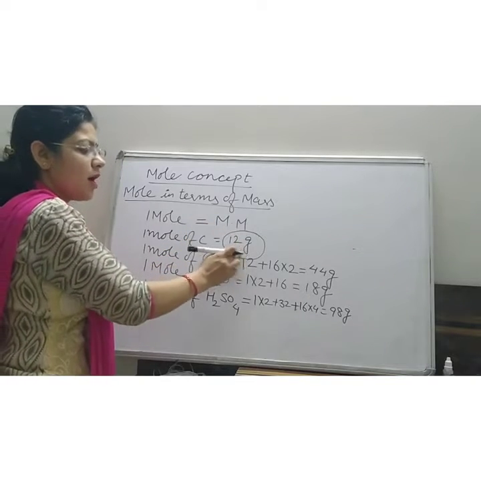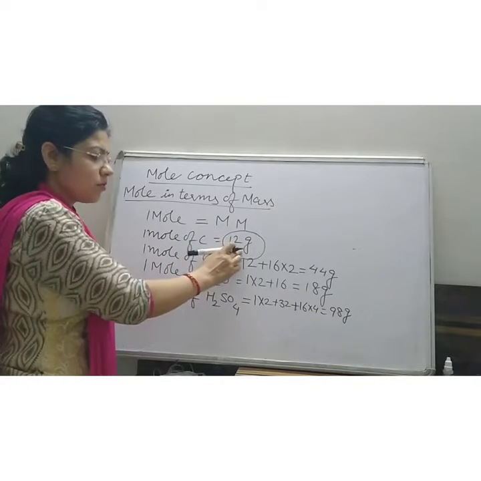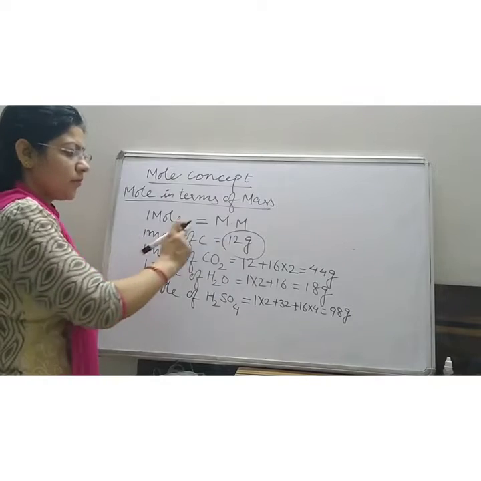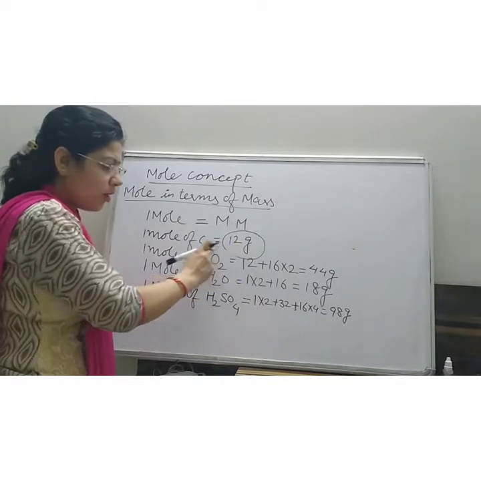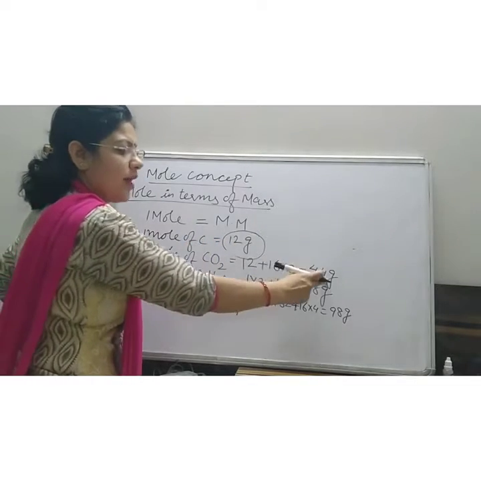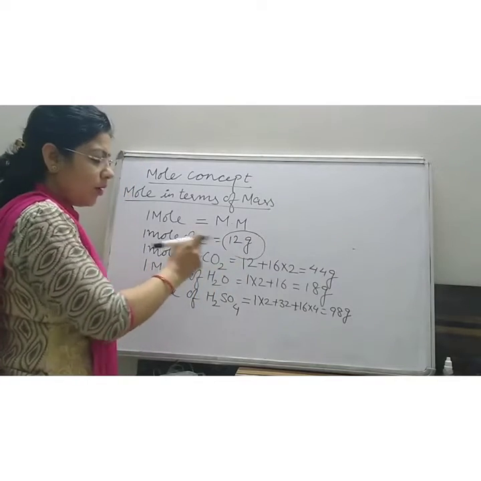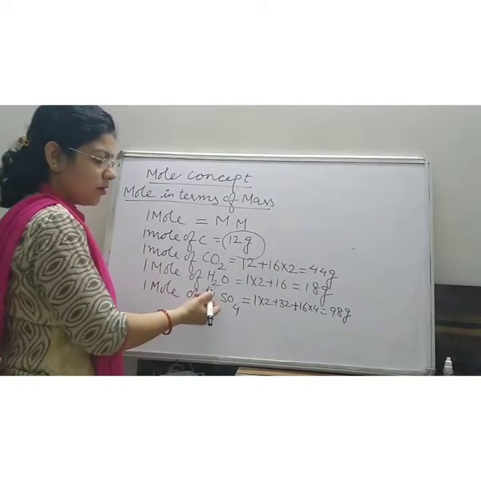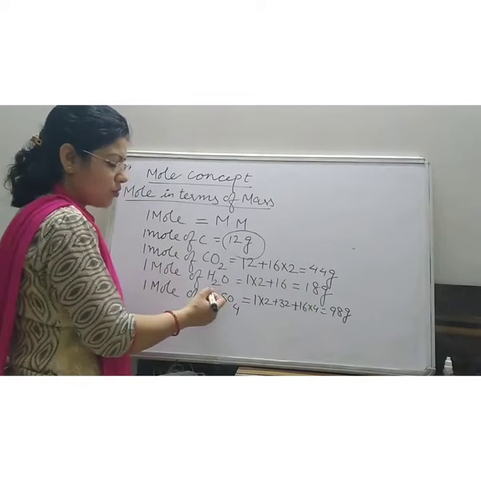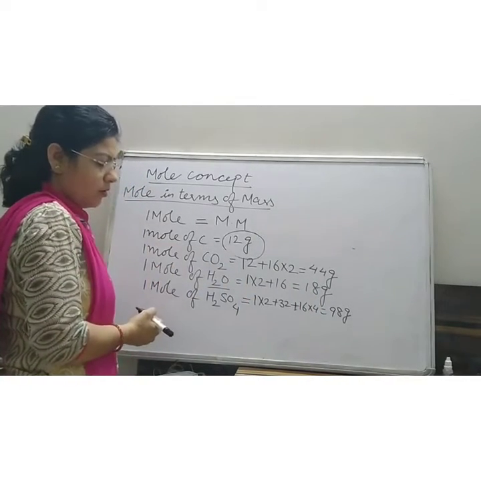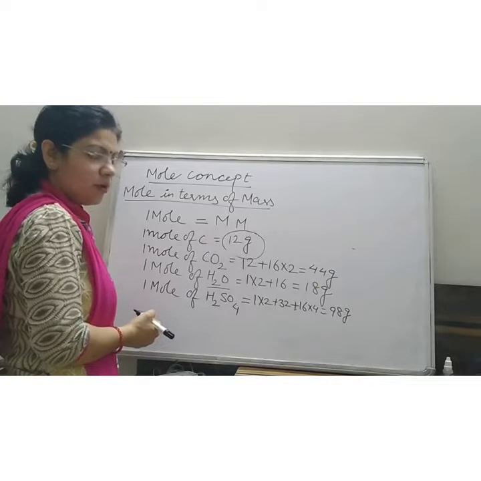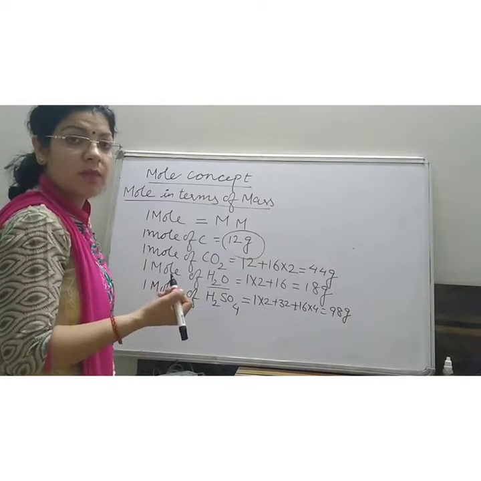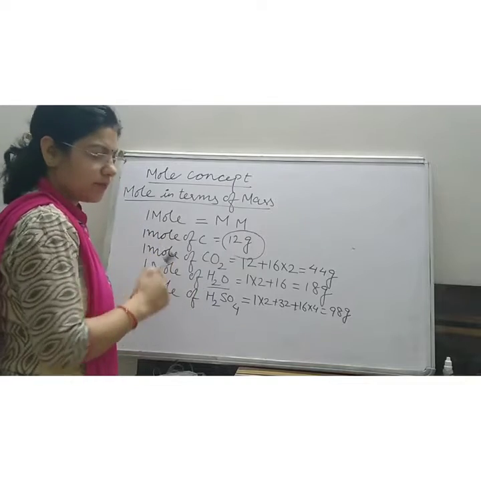Therefore, this mass is known as its molar mass. Means 12 gram is the molar mass of carbon, 44 gram is the molar mass of carbon dioxide, 18 grams is the mass of 1 mole of water, or 18 grams is the molar mass of water.